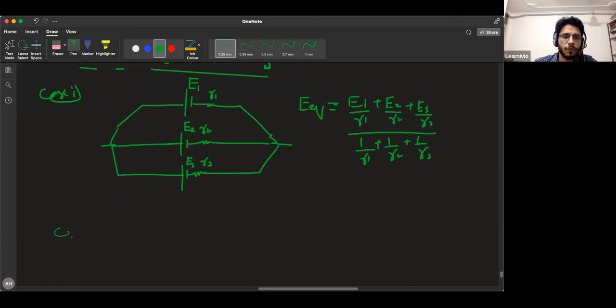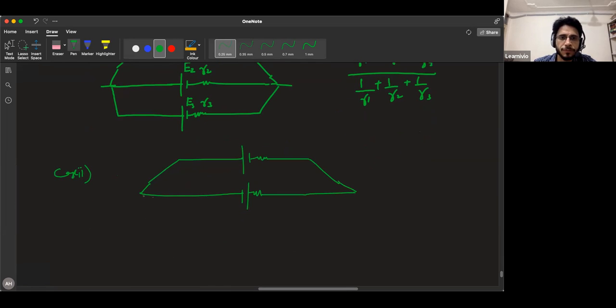But instead of this, take this case, where all positive terminals are on one side and all negative terminals on the other side. If positive and negative terminals get mixed up, with cells E1, R1, E2, R2, E3, R3, we consider one polarity as positive and the other becomes negative.